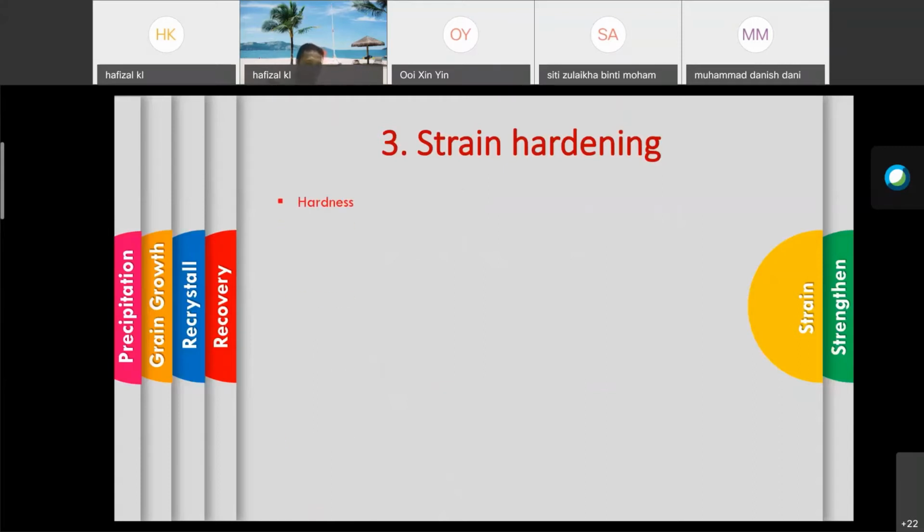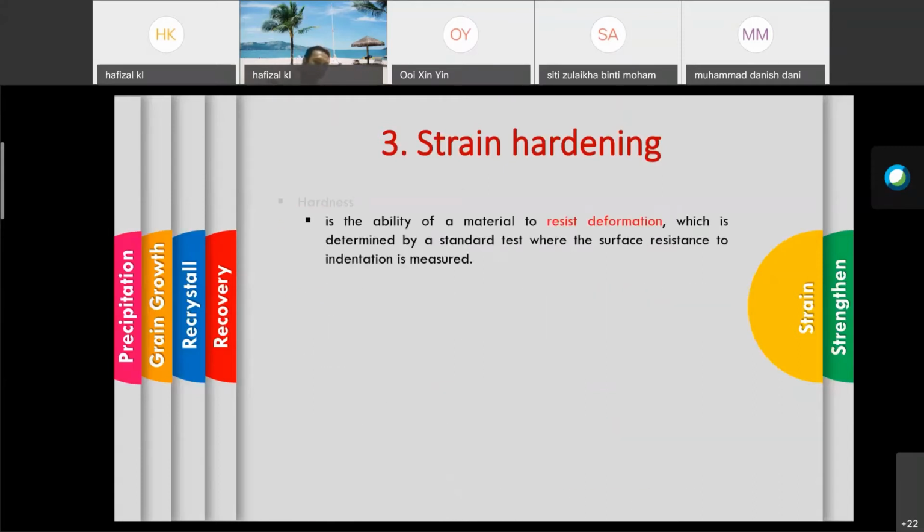So for the hardness, actually we already learned the hardness in the previous lecture, including the testing of hardness. This is a material's ability to resist deformation. We study the hardness by using the testing of material hardness, which is determined by standard tests.